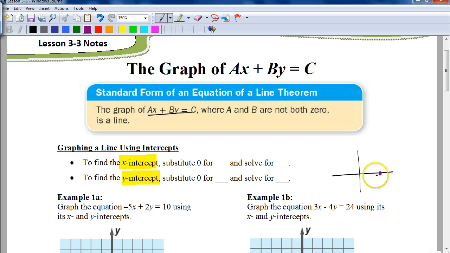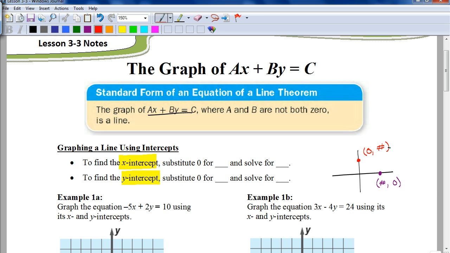The x-intercept is always going to be where x is some number and y is 0. The y-intercept is where the graph crosses the y-axis, and that's going to be the coordinate where x is 0 and y is some number.